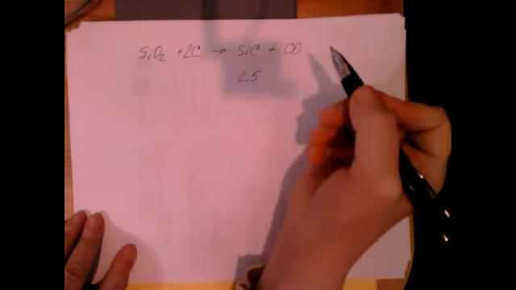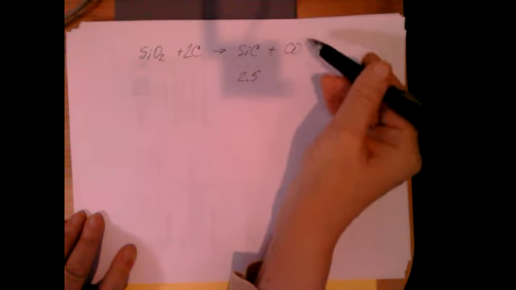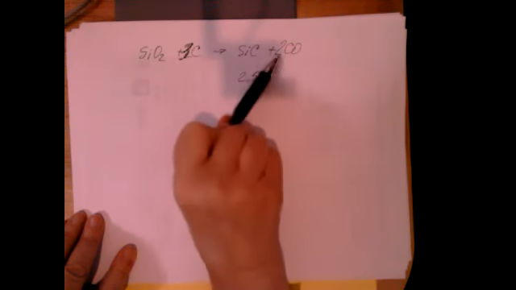No, it won't work. I need to multiply this by 2. And now I have 2 and 1, 3 carbons. So I change it to 3. Okay, now let's check. 1 silicon, 2 oxygens, 2 oxygens, 3 carbons, 1 plus 2, 3 carbons. Okay.